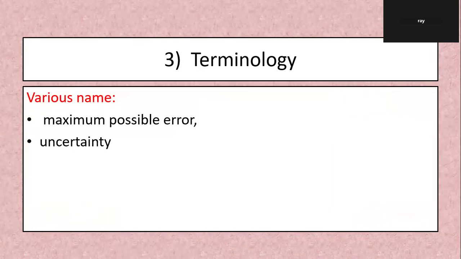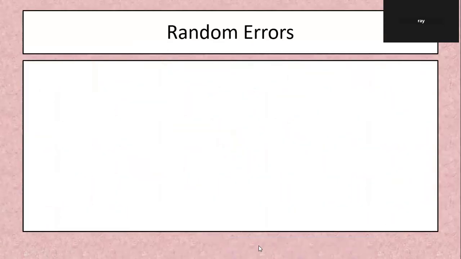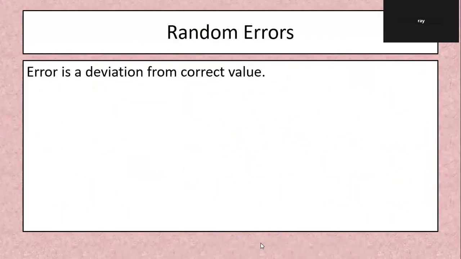So terminology: maximum possible error, uncertainty. The symbol is either a small letter or a big letter triangle, both are the Greek alphabet delta. Error is a deviation from the correct value.